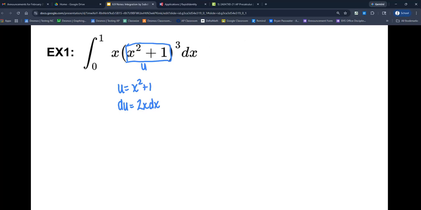I do not. What am I missing? The 2. I'm missing the 2. So I'm just going to take the 2 right here and squeeze it in there, which is okay as long as I also put a 1/2 out front. So this stuff right here together, we can move over here. That part is our du.